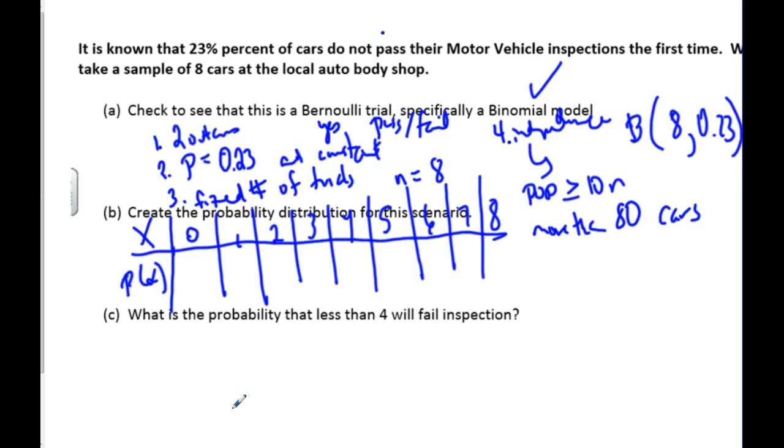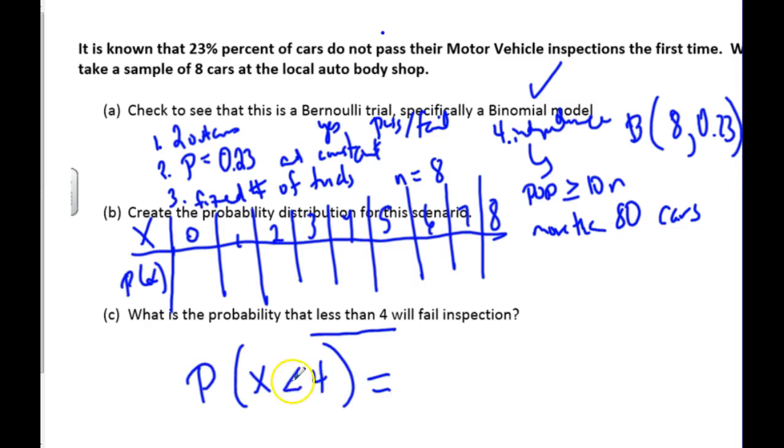For part C, what is the probability that less than 4 will fail inspection? If you recall, it is so important for us to rewrite this using our probability notation. This is the probability that X is less than 4.